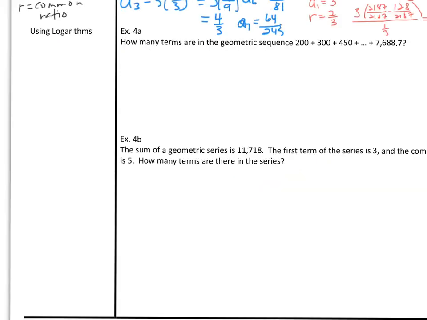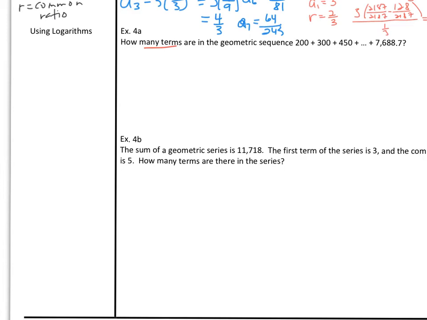Now, you might be asking yourself, why is this lesson in topic 6b? It's exponential functions, so I guess we see the exponents, but where do the logarithms come into play? In problems like 4a and 4b. When you're asked to determine how many terms there are in a geometric sequence, the process is different from what we did for arithmetic. Remember when we did last term minus first term divided by d, plus 1?